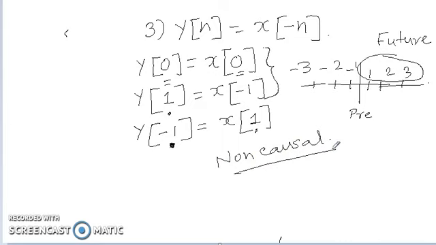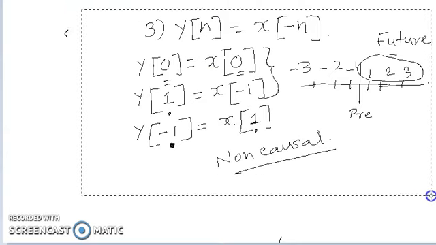Next, the fourth example. Example number 4. In example number 4, we have y[n] equal to x[n square].